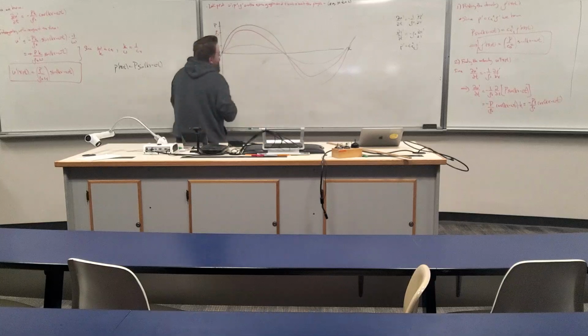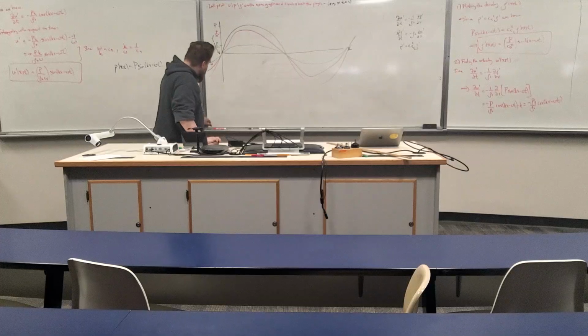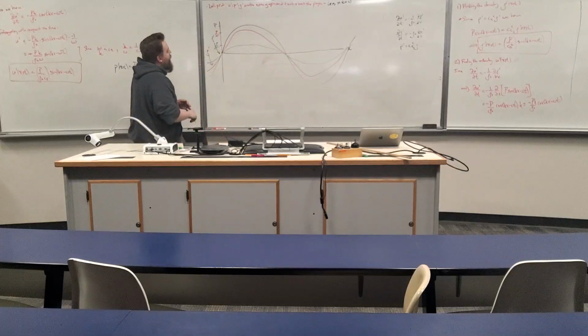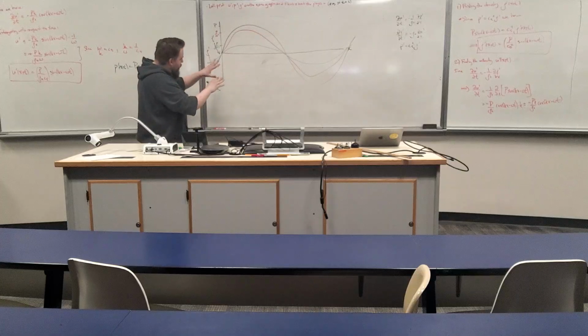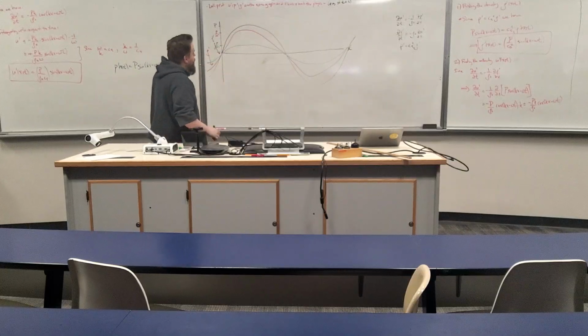So let's look at a particular region of this graph, and I'm going to try to ask, what do we expect to happen in a moment? Like not right now. This is a snapshot at t equals 0, but what's going to happen in a short while?